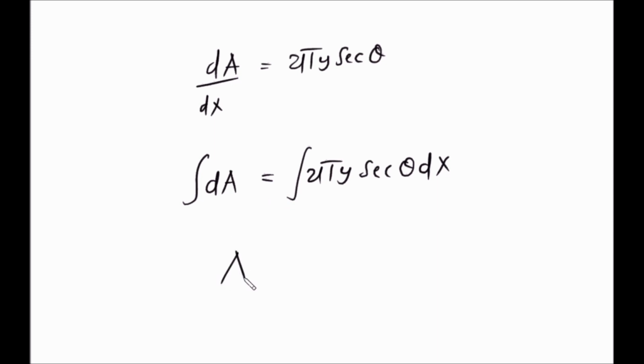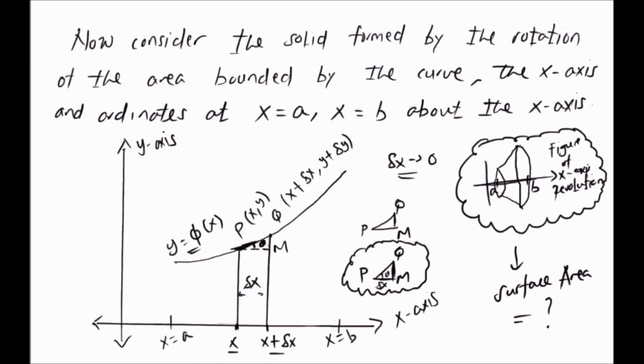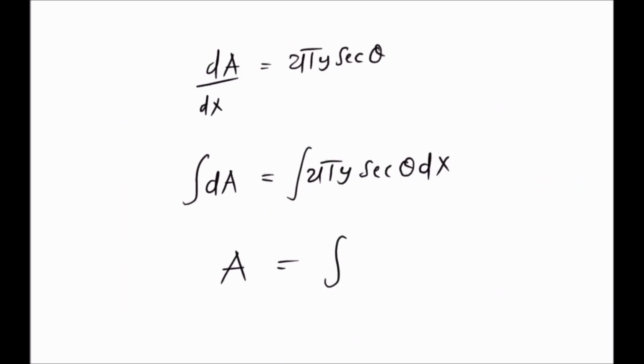So here I remain with A, and you integrate. Now remember, our curve started at x equals to a up to x equals to b. I'm going to integrate from x equals to a to x equals to b, 2 pi y sec theta dx.